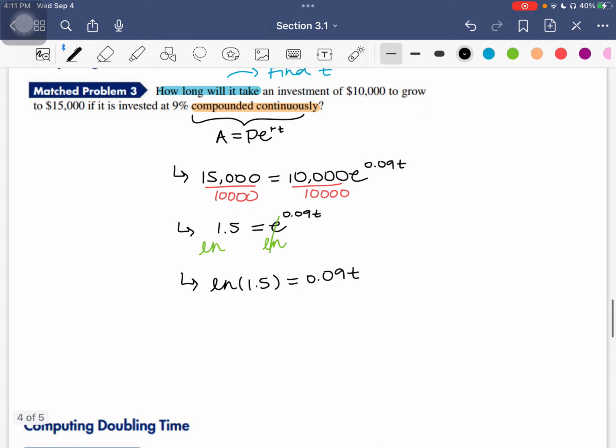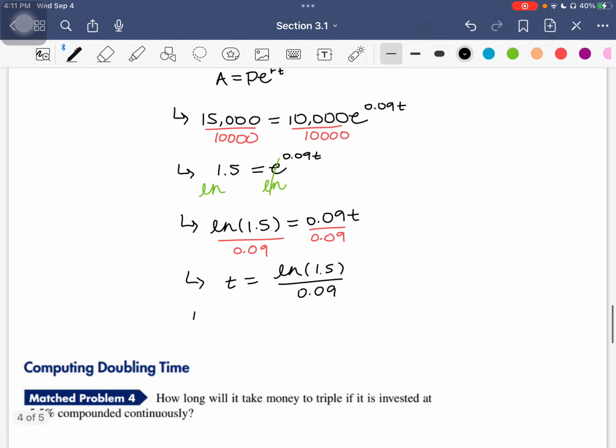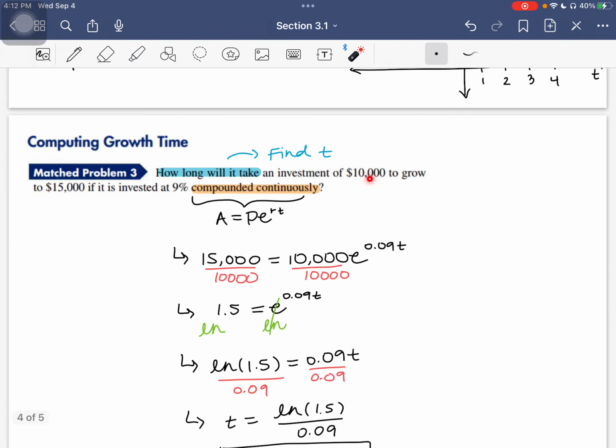And now fully solving for t, we'll divide both sides by 0.09. So t is equal to ln of 1.5 divided by 0.09. And plugging this into a calculator, this is roughly 4.5 years. So it'll take about 4.5 years for an investment of $10,000 to grow to $15,000 at a rate of 9%.